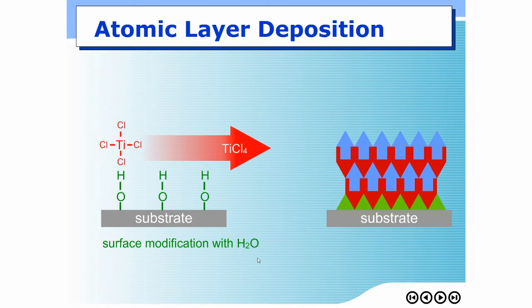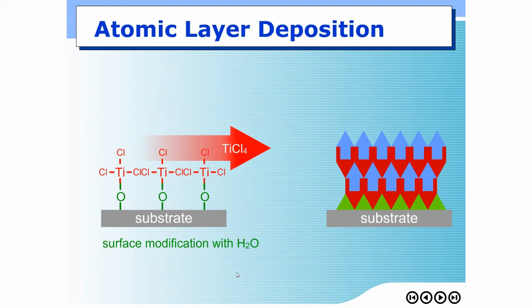There will be reaction between hydrogen here and chlorine here to form hydrochloric acid, and then titanium and oxygen will be bound together to form titanium oxygen bond. So everywhere that we have hydroxyl groups, as long as you supply titanium tetrachloride, there will be reaction like so.